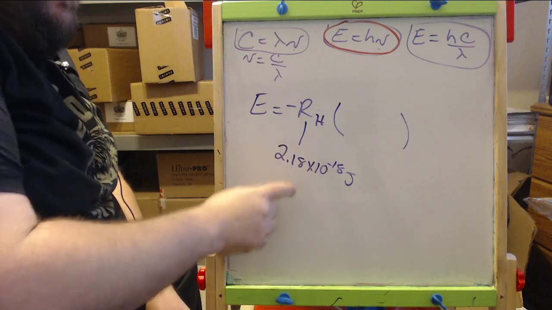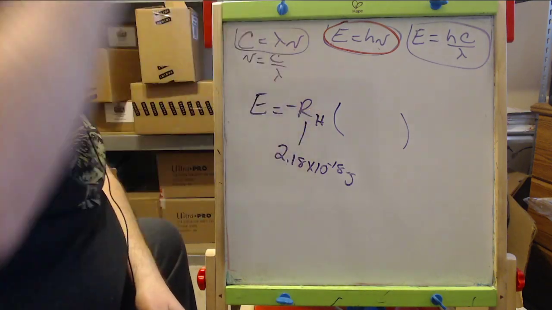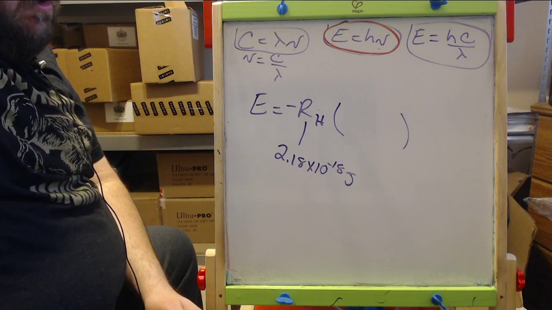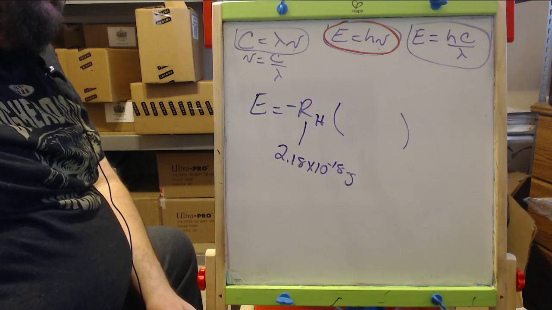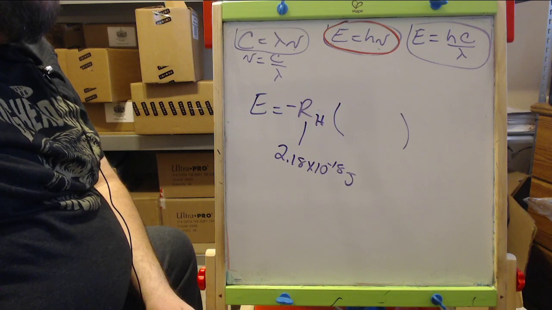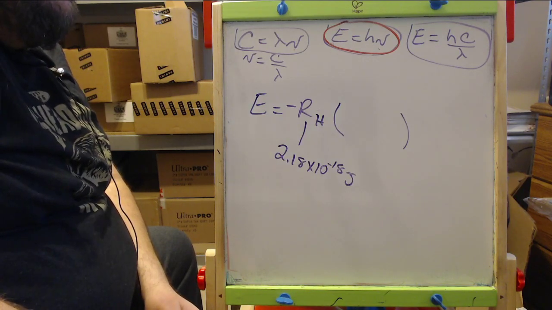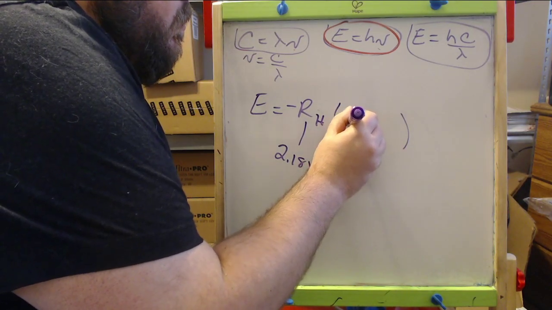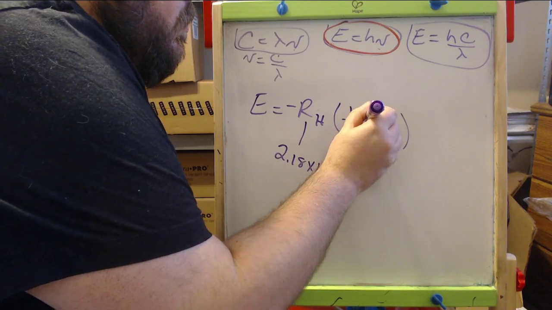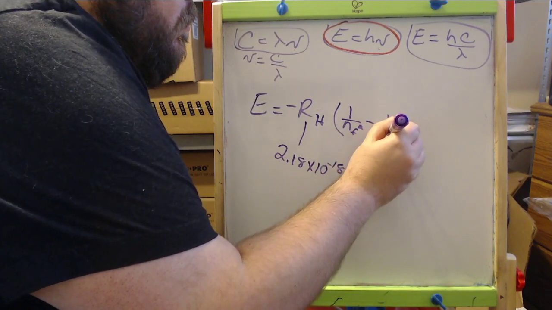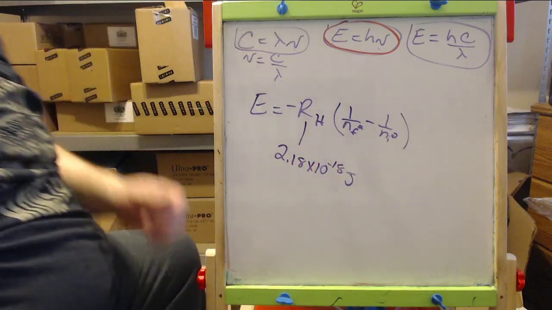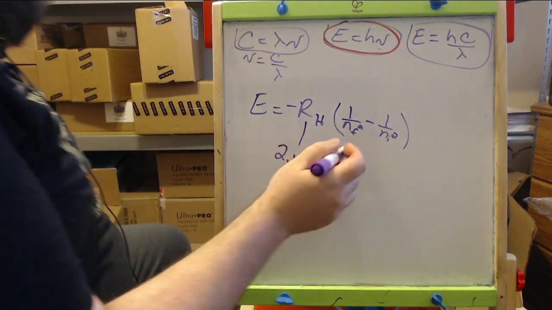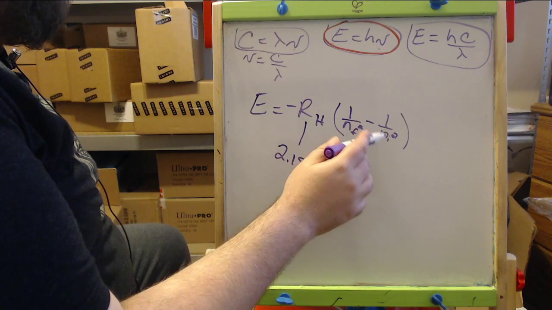So again, if you look it up, there's going to be different values for this depending on the units. And it's 1 over nf squared minus 1 over ni squared.